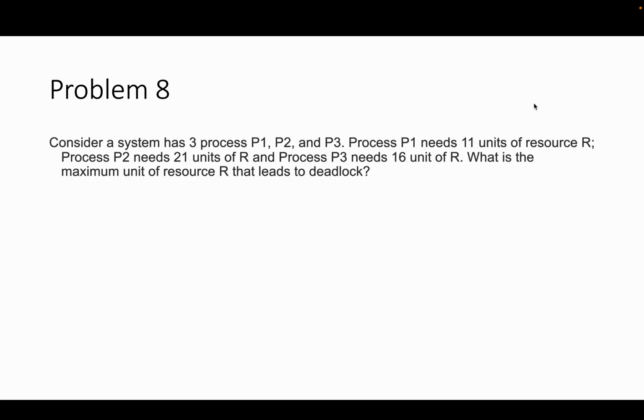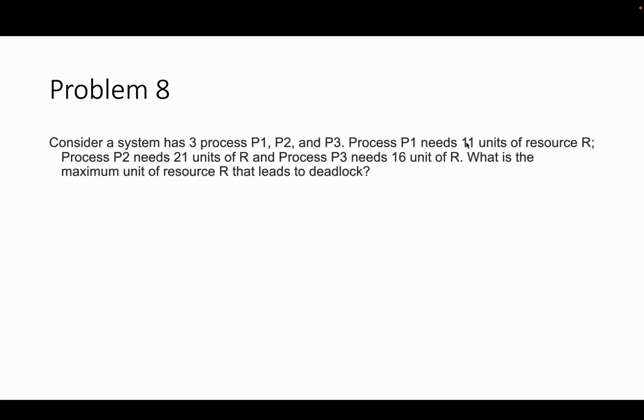So that means at least one unit of resource should not be available to each of the processes. If 10 units are available to P1 but 1 unit is not, it will still make the process wait for that resource.